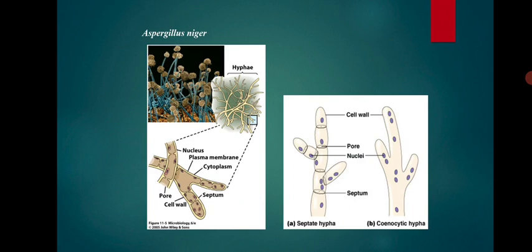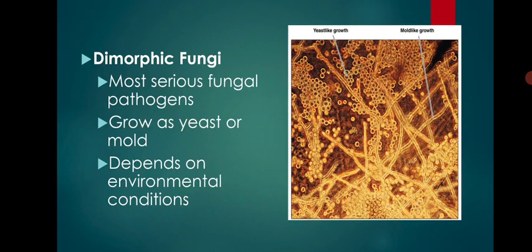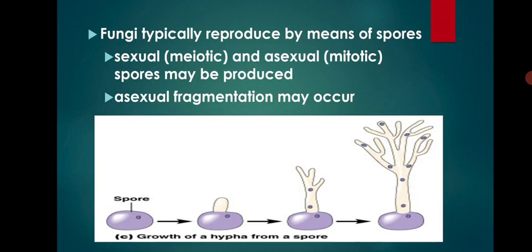There are different types of fungi: septate and coenocytic fungi, and Aspergillus is an example. There are also dimorphic fungi. Most serious fungal pathogens grow as yeasts or molds, depending upon environmental conditions. Fungi typically reproduce by means of spores.